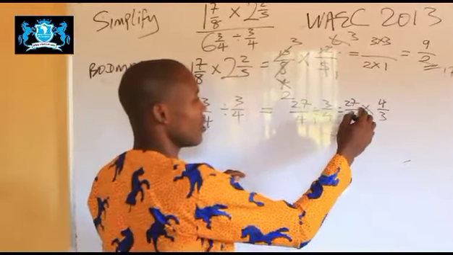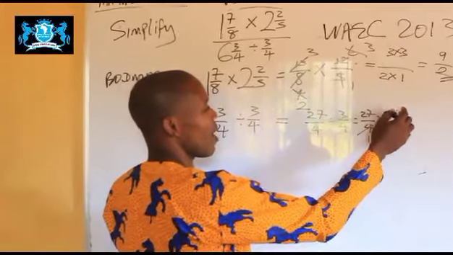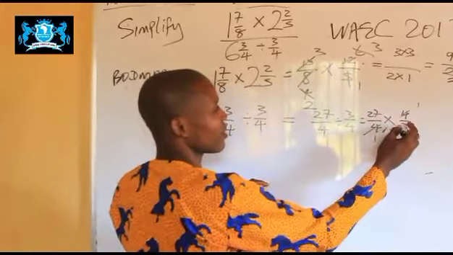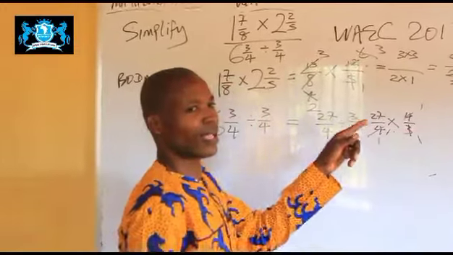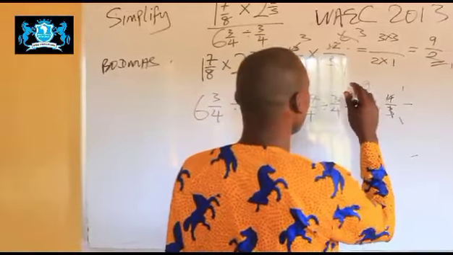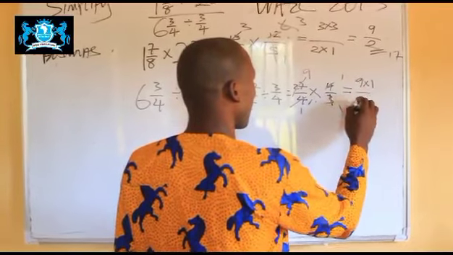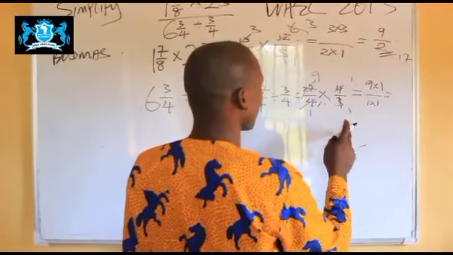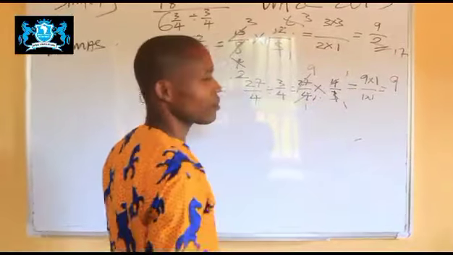Now what do we do? 4 into 4, 1. 4 into 4, 1. 3 into 3, 1. 3 into 27 is 9. We will now have in the lower division 9 times 1 all over 1 times 1. So in the lower division, we just have 9.